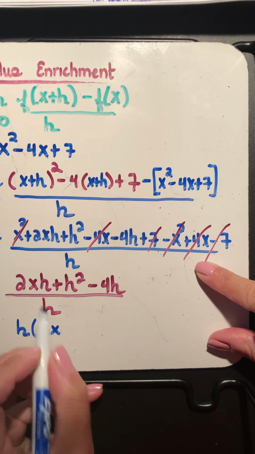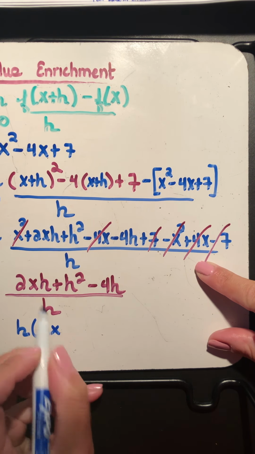Now I'm going to have to erase and draw the rest at the top, so hopefully you have this copied, or you can pause the video. In the next step, I'm going to write it out. So f prime of x equals the limit as h goes to 0.